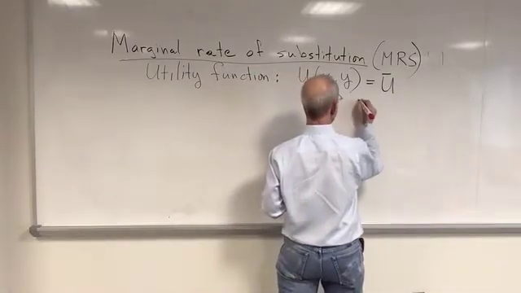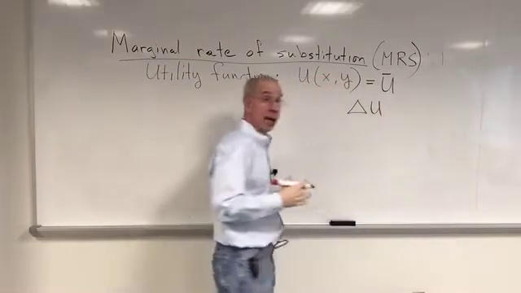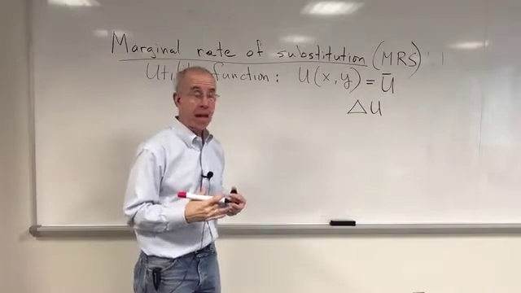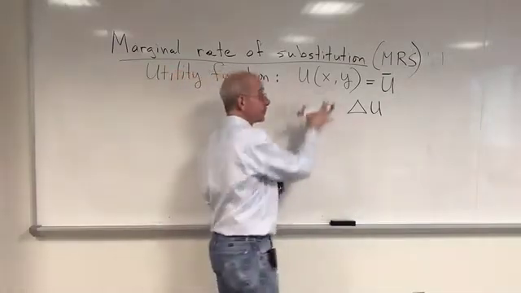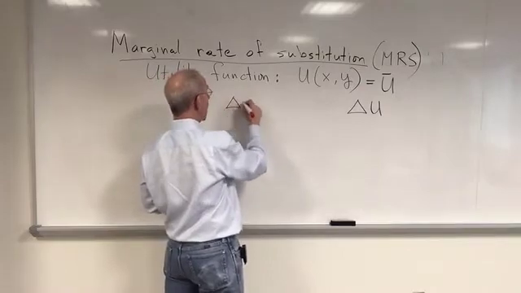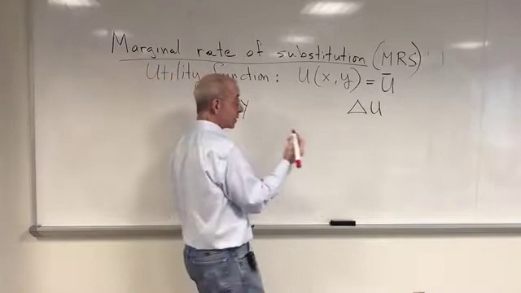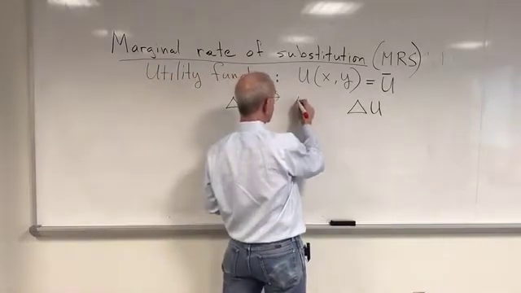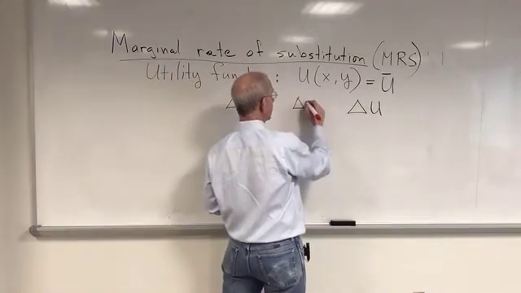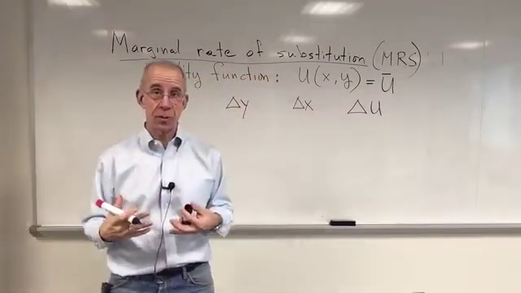We're going to let delta U be the change in utility. And that can happen using this utility function because the level of consumption of Y has changed. It could be because the level of X has changed, so both of those can play a role in changing utility.